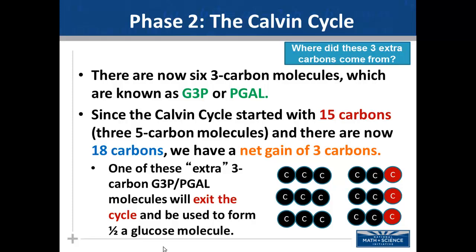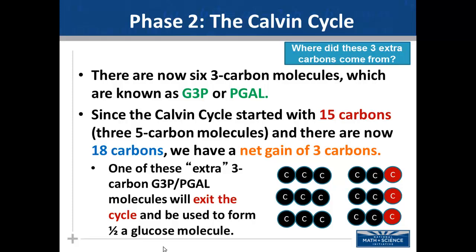Since we have 3 extra carbons, one of these molecules is extra and is going to exit the cycle. A G3P or a PGAL molecule is basically half of a glucose, if you remember that glucose molecules have 6 carbons. So one of these can afford to be lost, because we only started with 15, so we need to end up with 15.